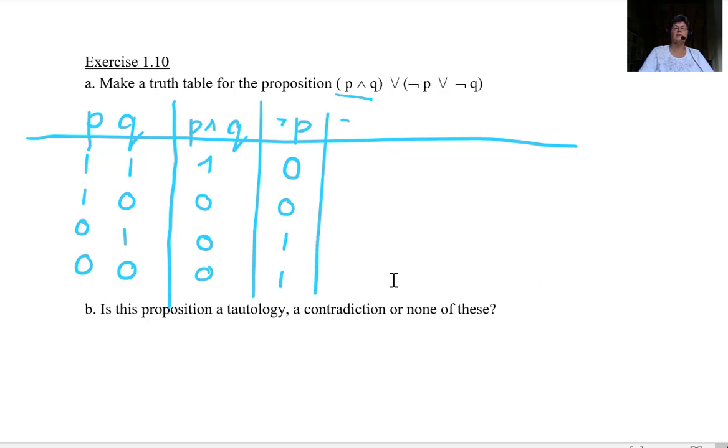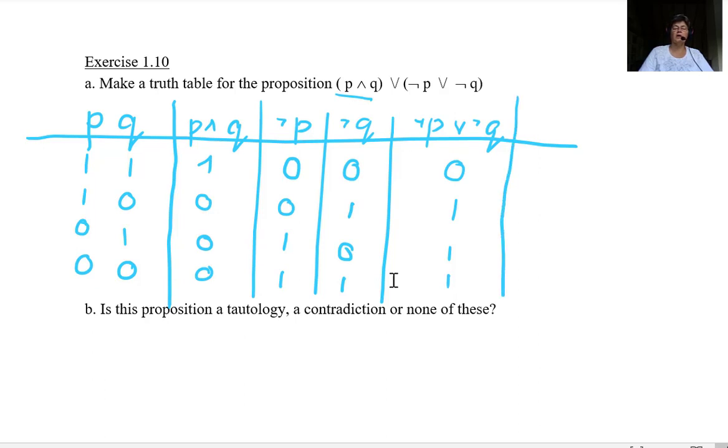Then have a look at not Q: 0, 1, 0, 1. And then the combination not P or not Q would give us 0, 1, 1, 1. Okay, then the last one. We have to combine the P and Q with the not P or not Q. So we call it 1 and 2.